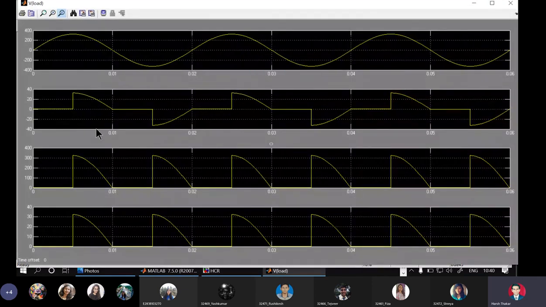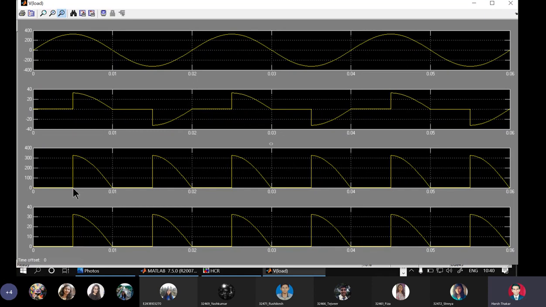You see here, so 0, 10 milliseconds, 20 milliseconds, 30 milliseconds, 40 milliseconds. Our interval of observation is only one cycle, 0 to 20 milliseconds. So we are seeing here that the output voltage is remaining 0 from 0 to 5 milliseconds because the firing angle is 90 degrees or pi by 2 radians.